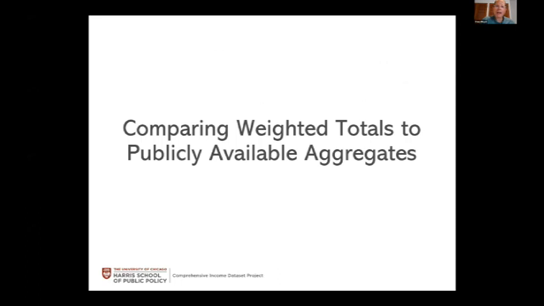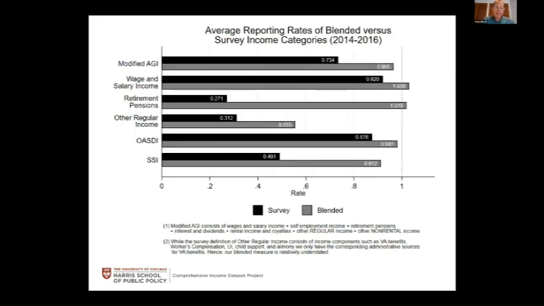To check our resulting data, we compare the weighted microdata to administrative aggregates. This figure here shows the share of aggregate benchmarks, usually from the national income accounts, that the survey data in our blended income measures capture.